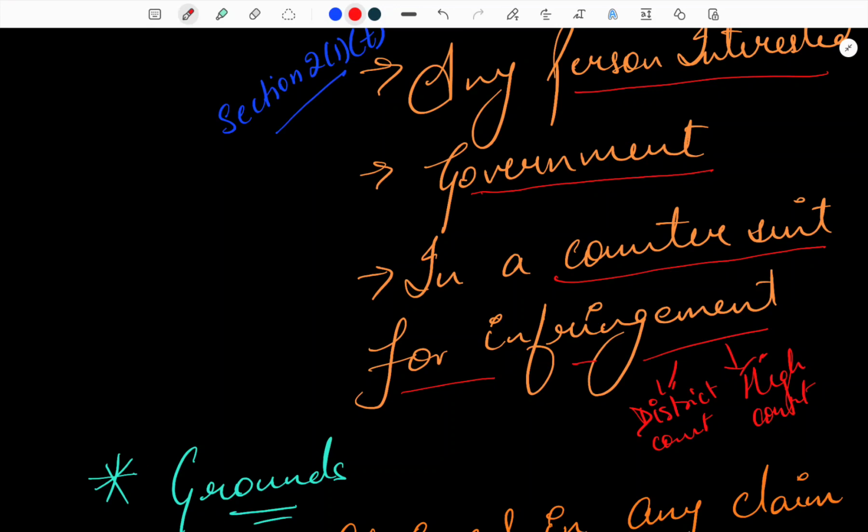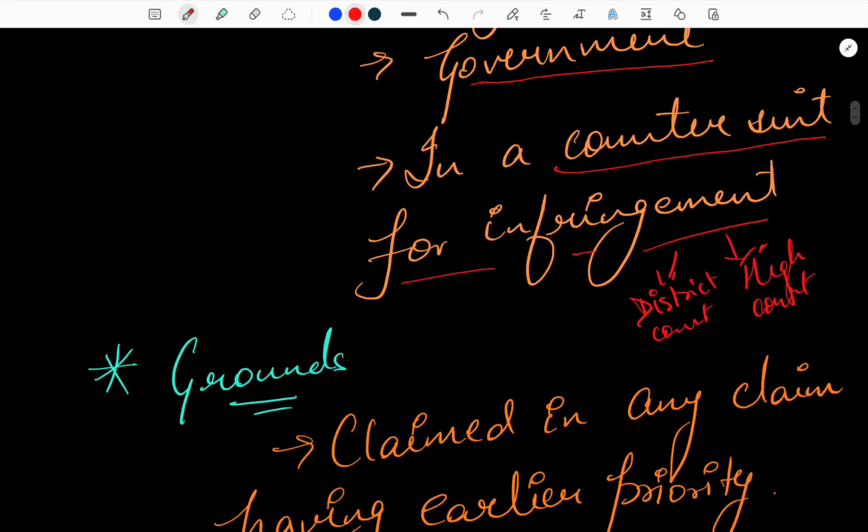Let's say it's filed before the district court. A can always file a counter suit to that infringement proceeding, stating that B's patent is not valid, and if a counter suit is filed, all the proceedings get transferred to the High Court, because only the High Court has the power to revoke the patent as of now.